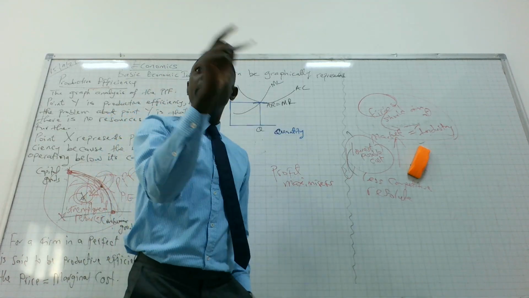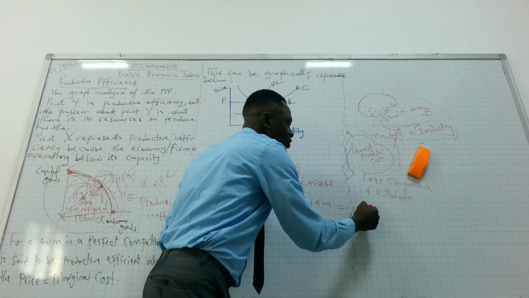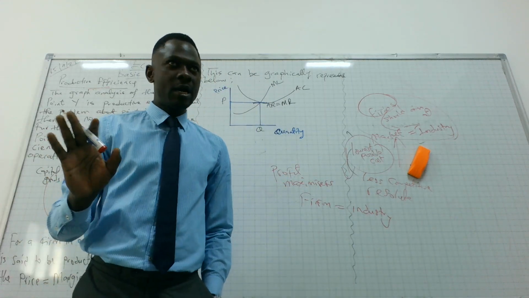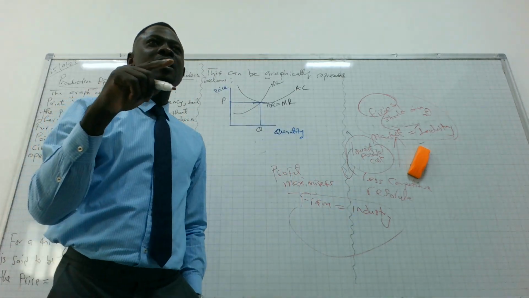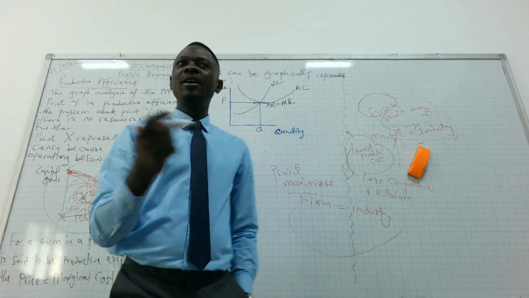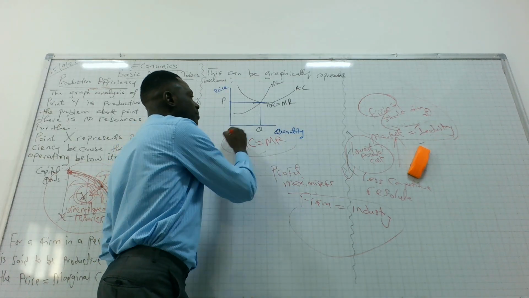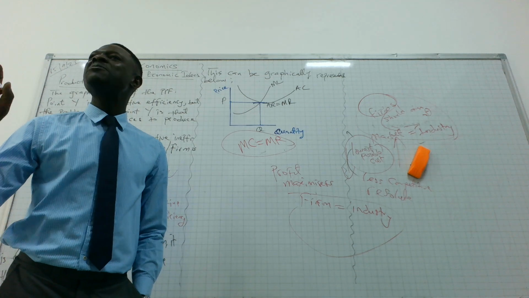So, in a monopoly, the firm is equal to the industry. Are you with me, guys? Yes. This is just a way back. So when we talk about a profit maximizing firm, it will produce where MC equals MR.